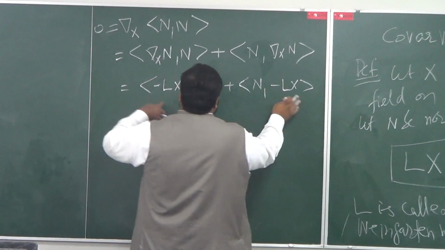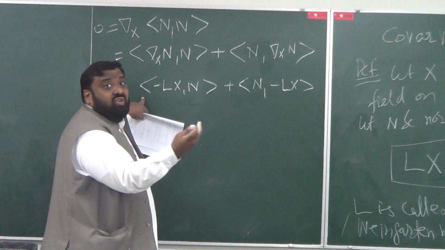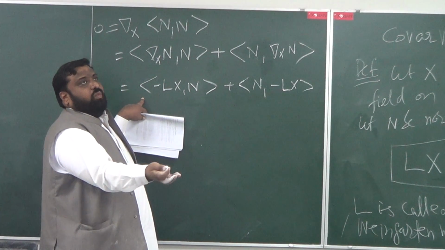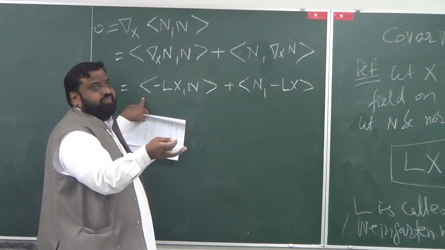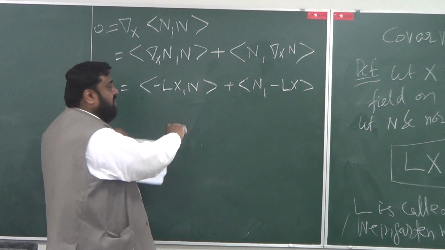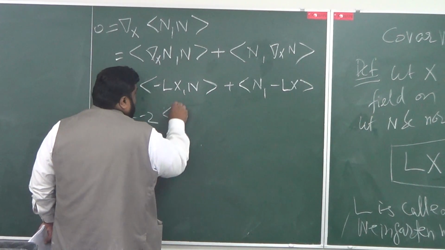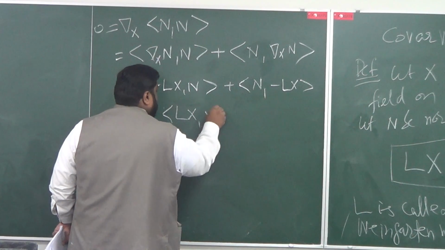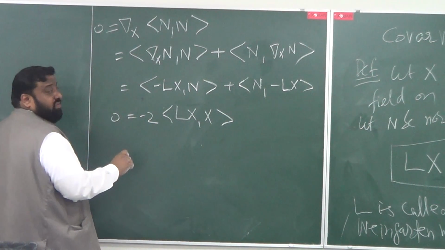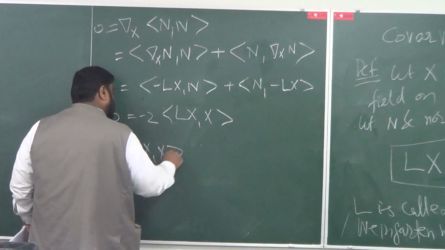Since you don't have a complicated kind of inner product here, it's just a dot product, it's commutative also. So I can treat this as minus 2 times the inner product of Lx and n, and that's equal to 0. In other words, the inner product of Lx and n is 0.